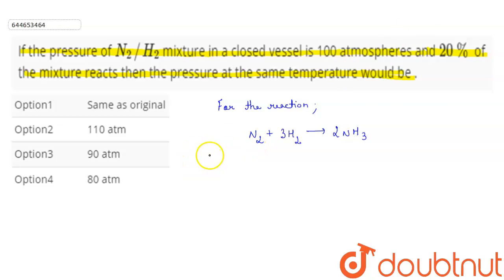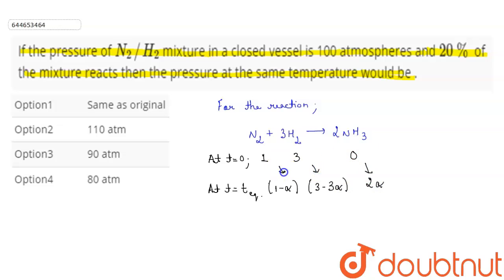So at T equals 0, number of moles for N2 is 1, number of moles for H2 is 3 and number of moles for NH3 is 0. Now at equilibrium, number of moles for N2 will be 1 minus alpha, number of moles for H2 will be 3 minus 3 alpha and number of moles for NH3 will be 2 alpha, right?